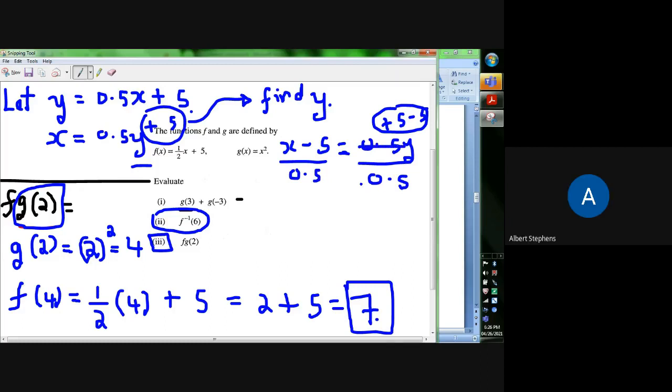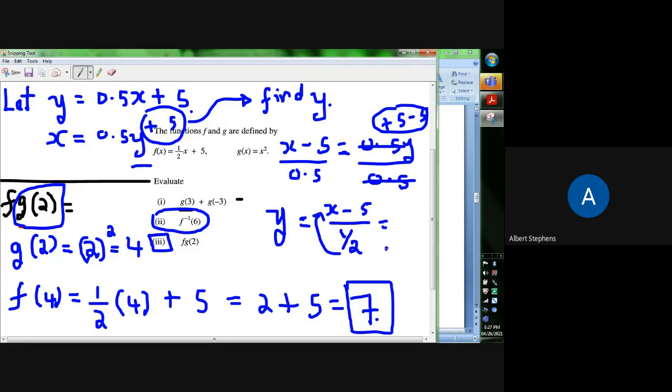So that cancels out, and y is equal to x minus 5 over 0.5, which is a half. But guess what, the 2 automatically goes upstairs.